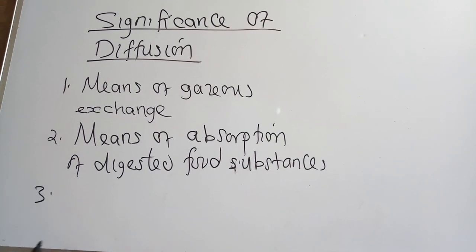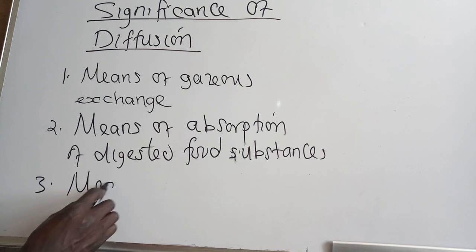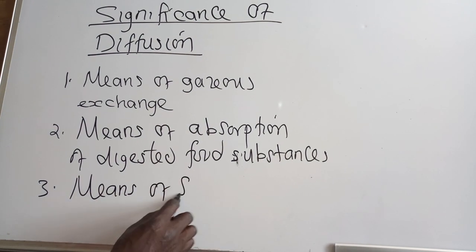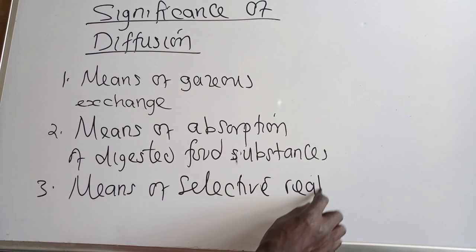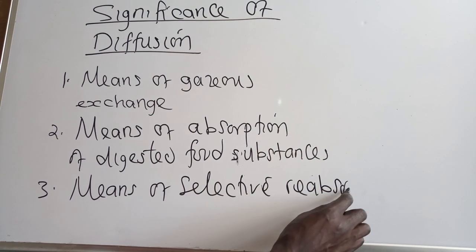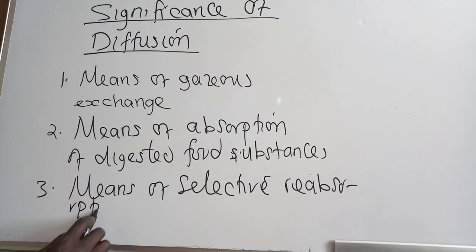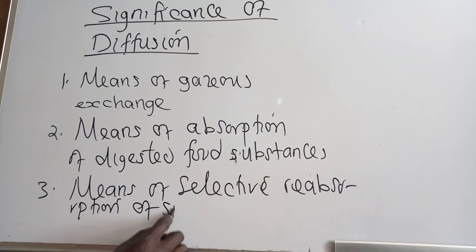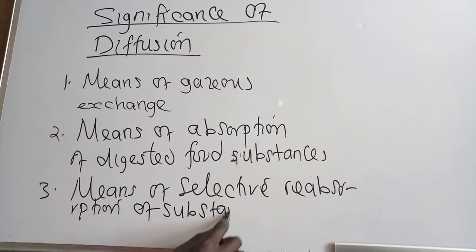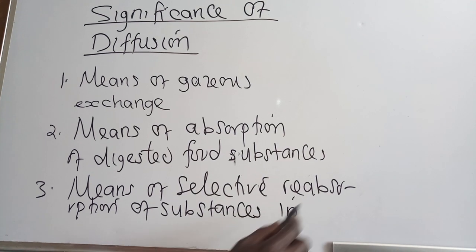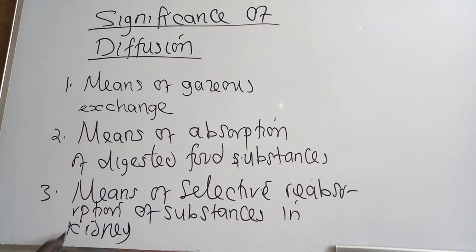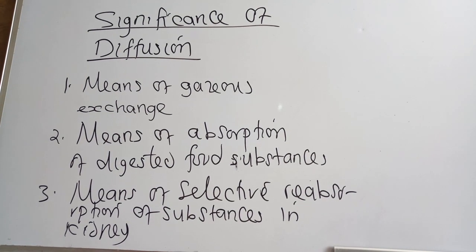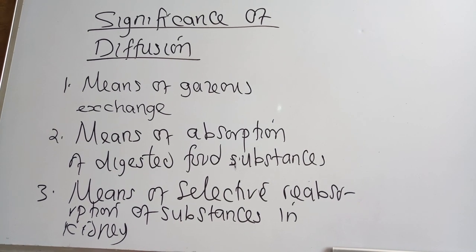Third one, means of selective reabsorption of substances in kidney. We know that ultrafiltration takes place within the glomerulus.